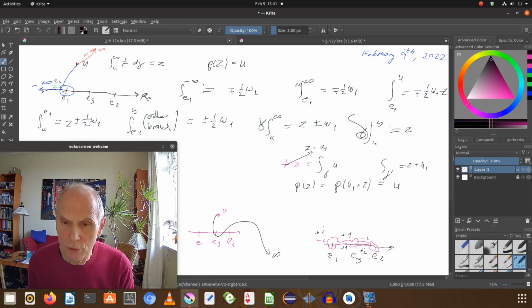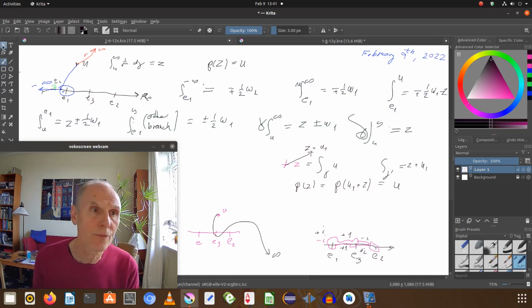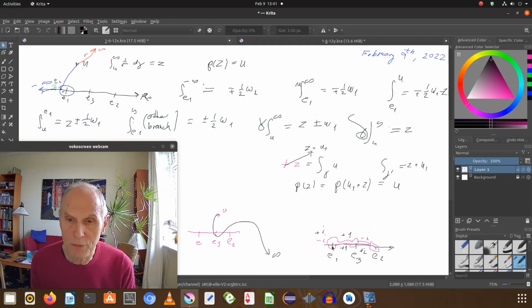So the integral here from E1 to E3 gives half omega 2. This plus gives a half omega 1.